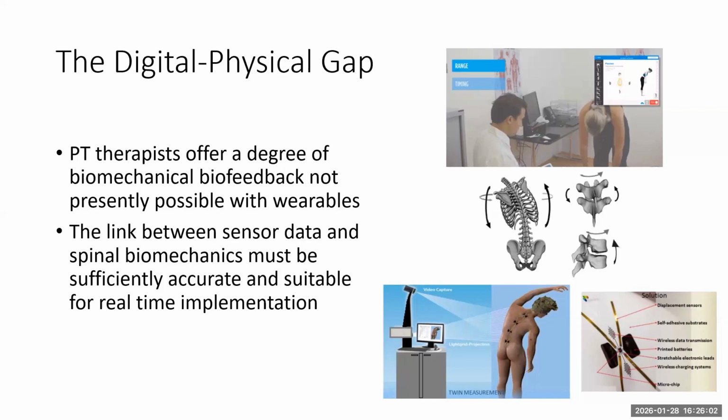So biomechanically, you don't have sensors placed on the exact joint to know orientation and 3D positioning, right? So that link between the sensor data and the spinal biomechanics must be sufficiently accurate and suitable.